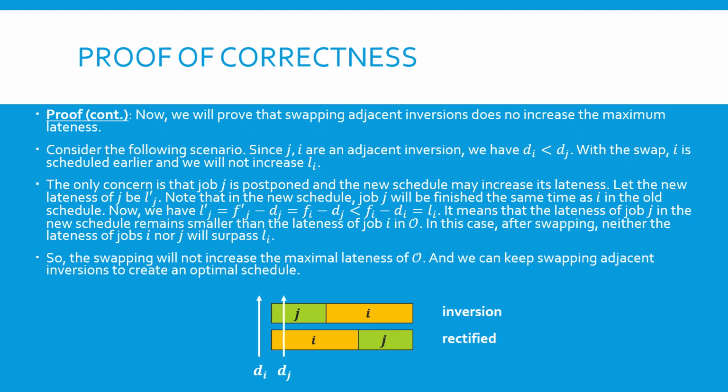So, after the swap, neither job exceeds the original maximal lateness. Therefore, we can repeatedly swap adjacent inversions without increasing the maximal lateness, transforming O into an inversion-free optimal schedule. Combining this with proposition 1, there exists an optimal schedule with no idle time and no inversions.